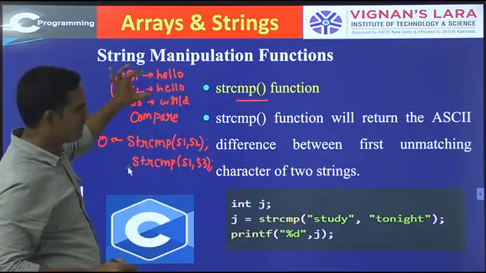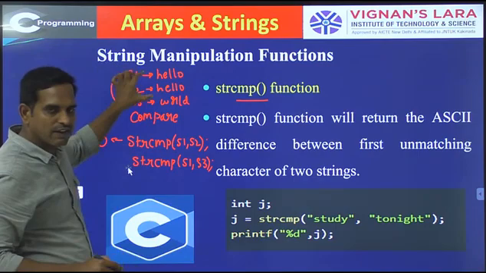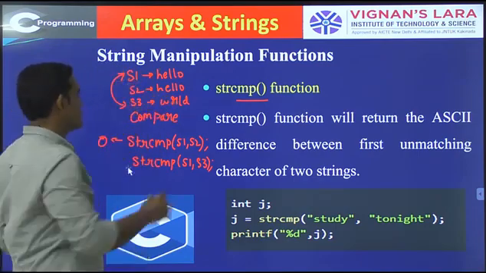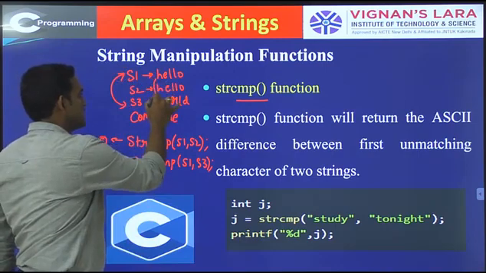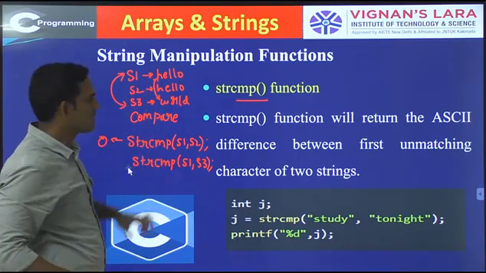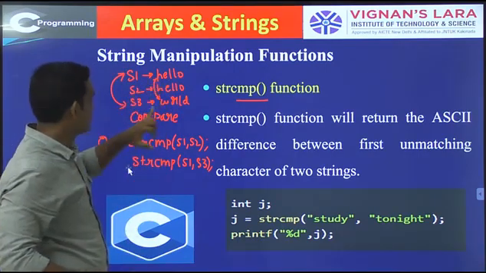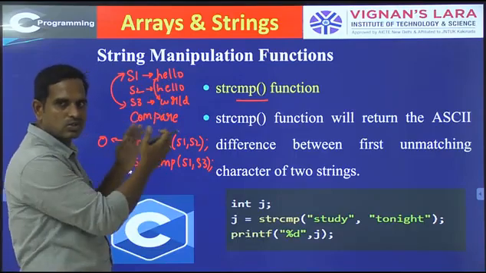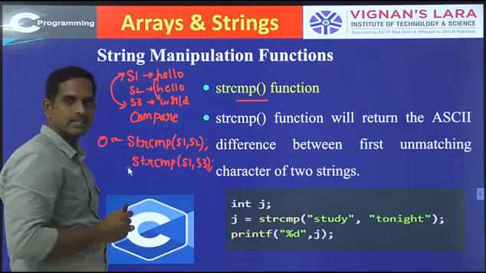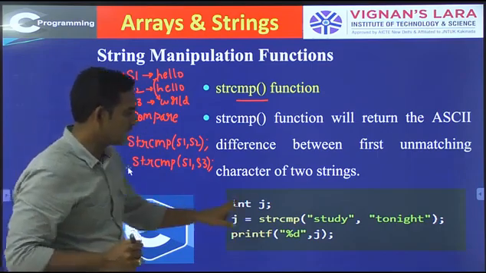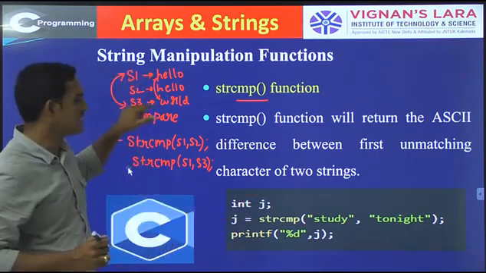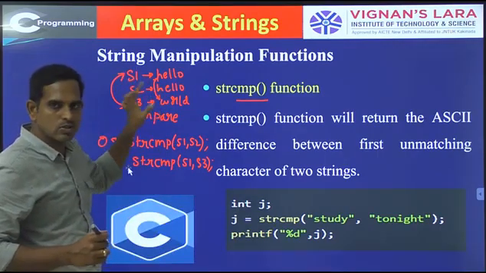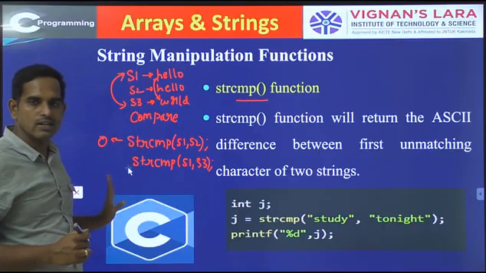So these two are different. The first non-matching character is here itself. It will take the ASCII value of H and the ASCII value of W, subtract these two values and give the result.